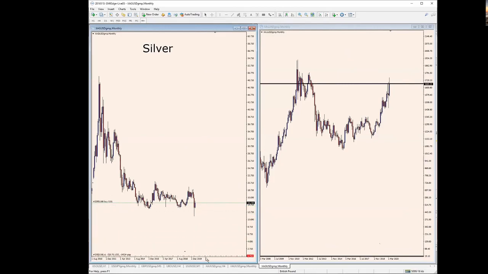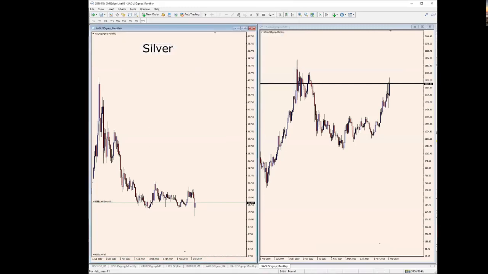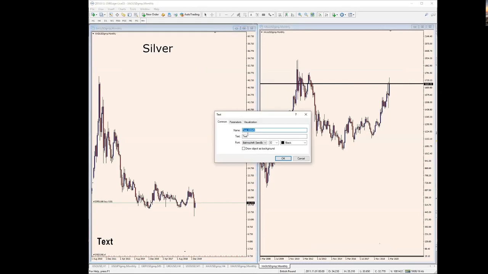It requires $726 per 0.01. For a 0.01 volume lot, it takes $726.